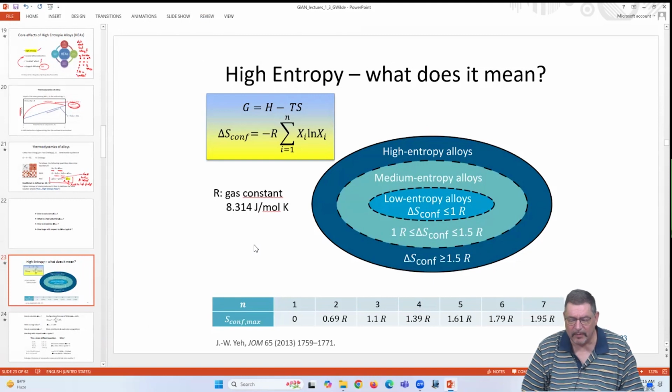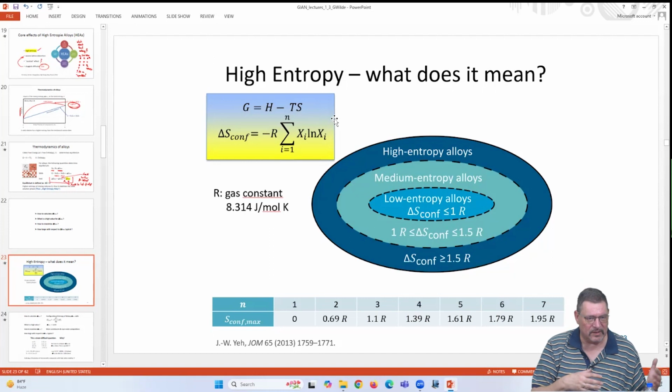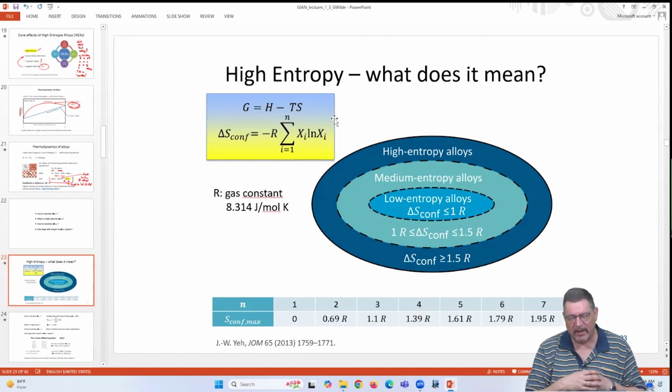So obviously, when we calculate the entropy, we have to think of this term S, as I said, consisting of multiple different entropies, and only one is controlled by how we mix different elements. This is the configurational entropy part. There is a magnetic entropy contribution, especially if we apply an external field, the same for electrical, and so on.